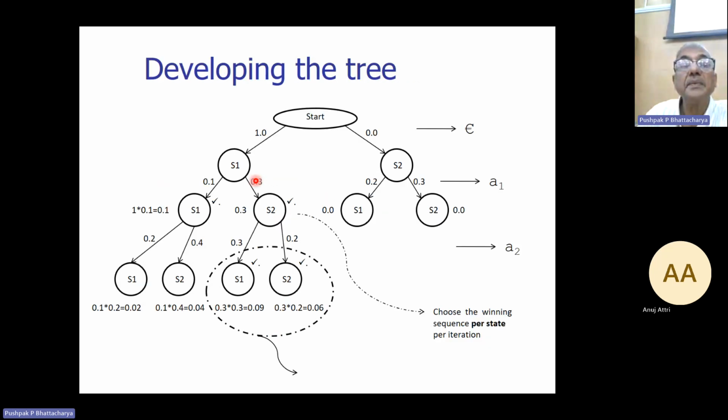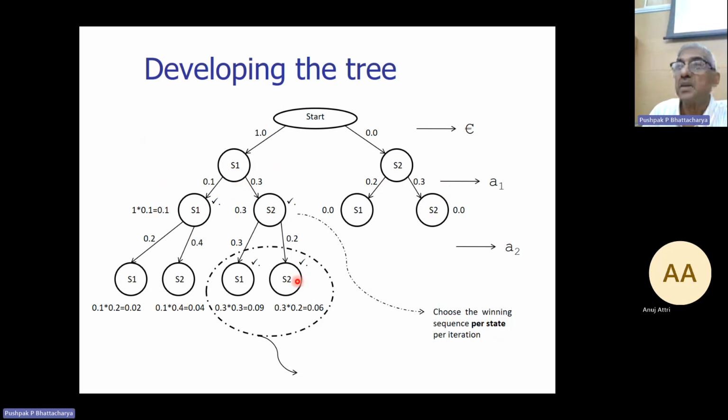This algorithm could have become exponential. Okay, it could have become exponential because at every state you have number of children as the number of states possible. So after one observation, you have number of states. After the second observation, you have number of states square.